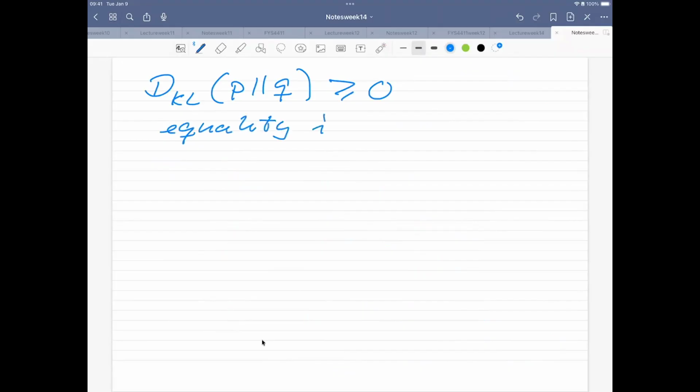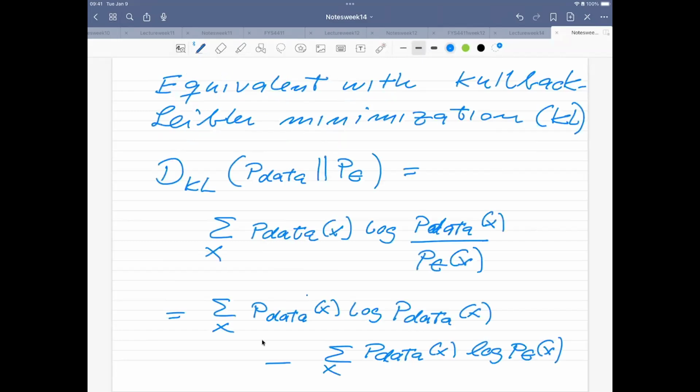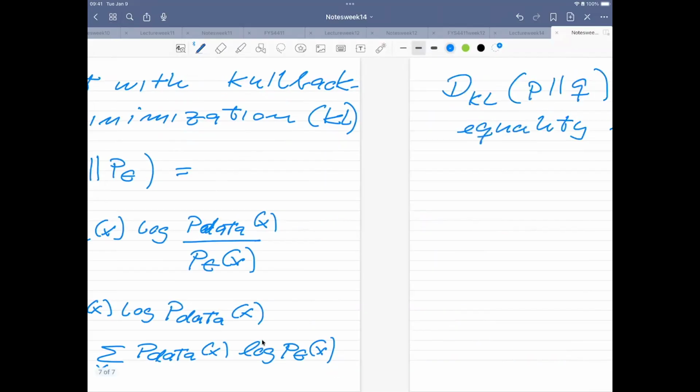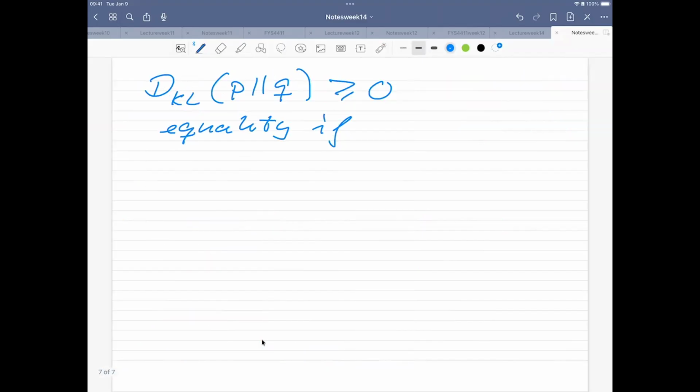if the probability you want to produce, because we want to produce a probability P theta, we assume that P data is something which we know. And then if the probability we want to reproduce is as close as possible to the real probability, the one which we think describes the data, then this quantity is equal to 0.